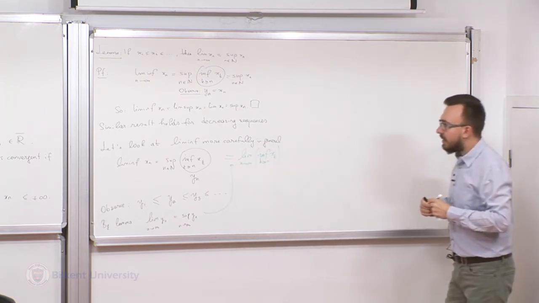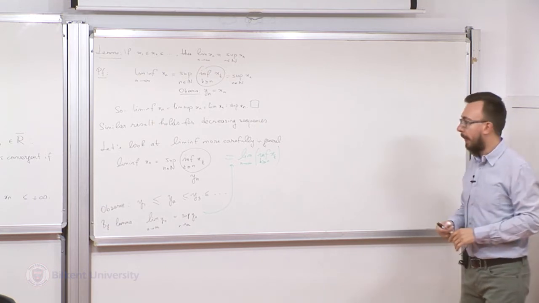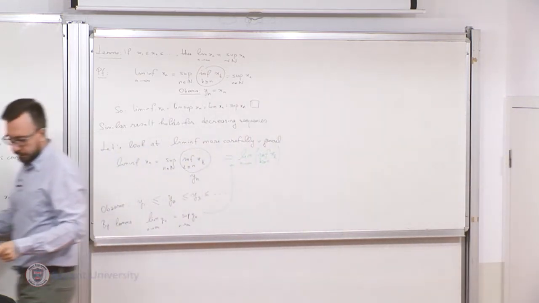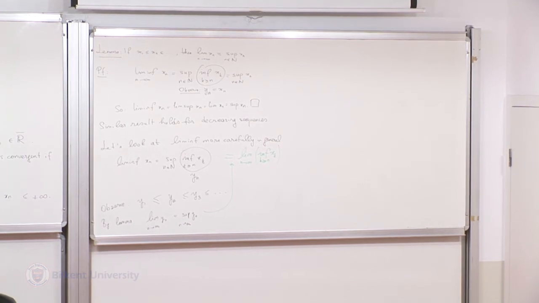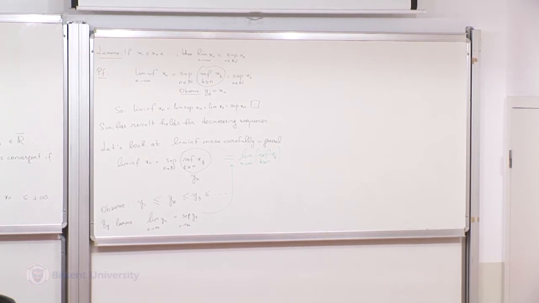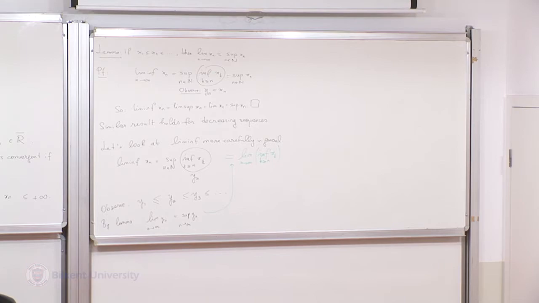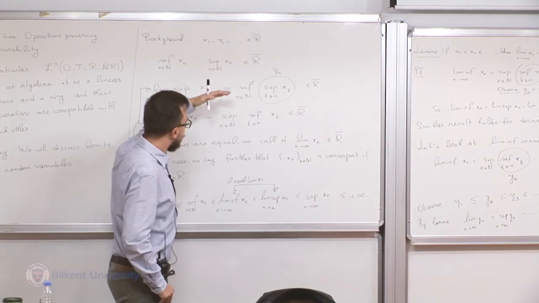And a similar argument goes for lim_sup. So it's indeed the limit of the infs or limit of the sups, but at the beginning we define them as inf of sups and sup of infs.